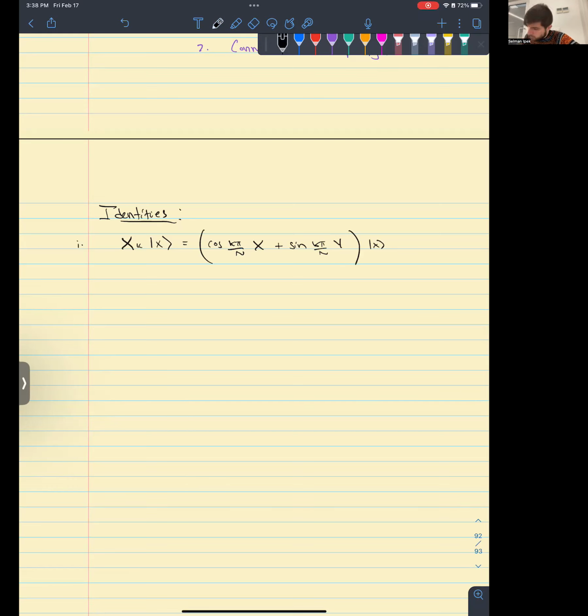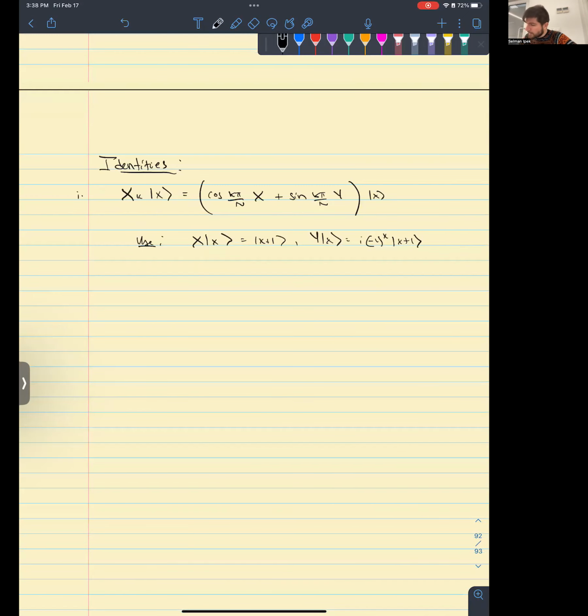Recall that X acting on a Z eigenstate gives us |x+1>, and Y acting on |x> gives us (-1)^x |x+1>. So when I act with X and Y on |x>, I get |x+1> as the final state.